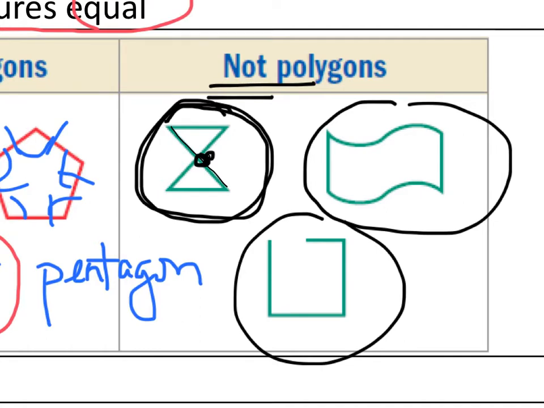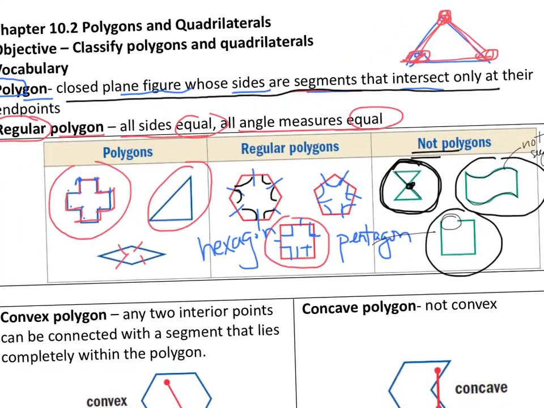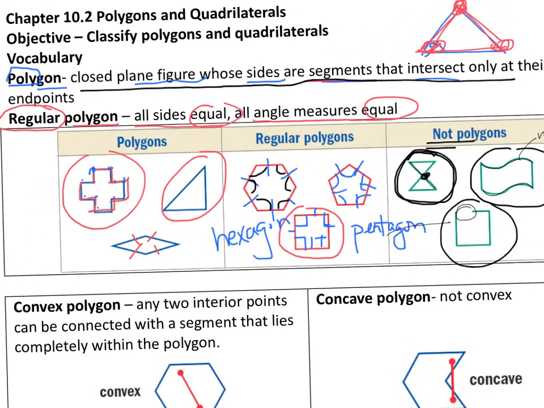And for this, these curves are not segments. So it's not a polygon. And here we have a space. So if the figure is not a closed plane figure, then it's also not a polygon.